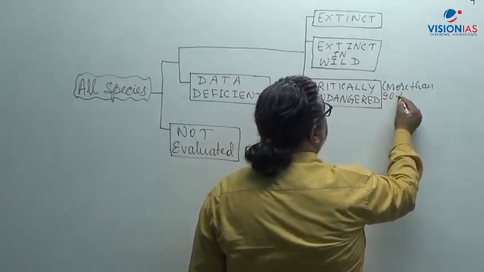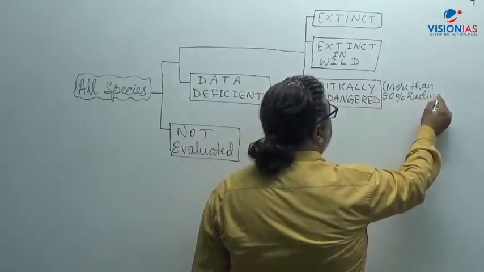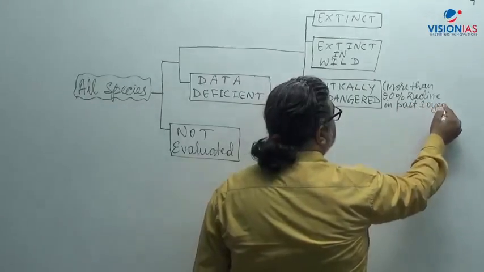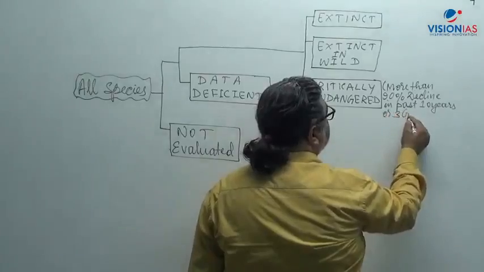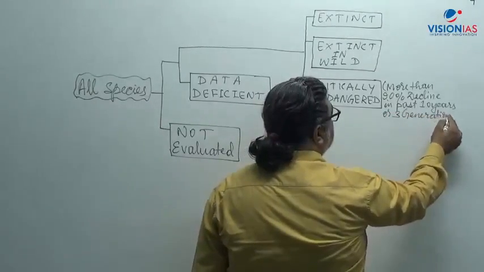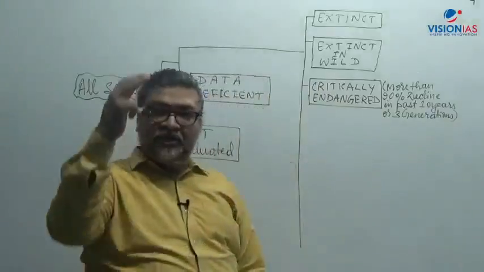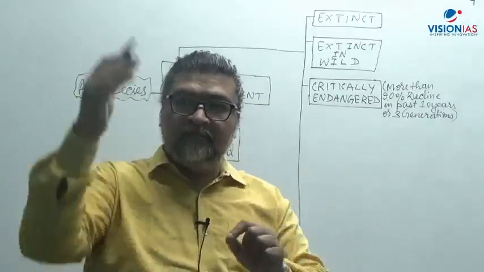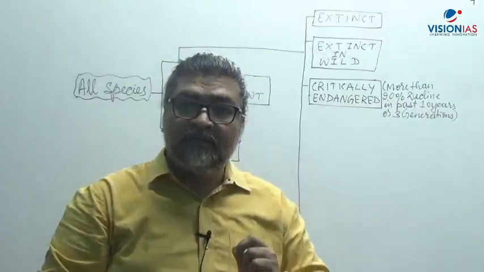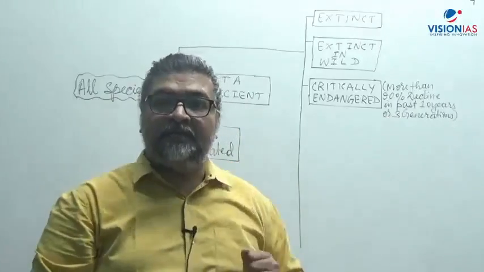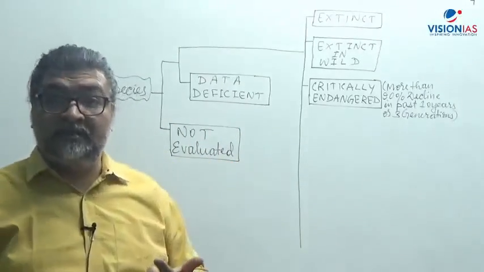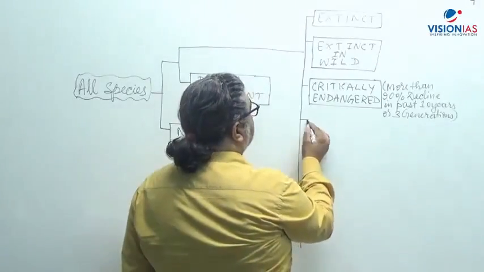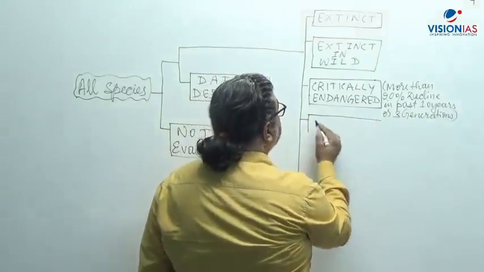One factor is more than 90% decline in their population in the past 10 years or 3 generations of that species. If, either in 3 generations or over the last decade, the numbers have declined by more than 90%, they are placed into the critically endangered category. For example, the gharial is critically endangered. We will discuss more examples of critically endangered species. Then the next category that comes is called endangered.